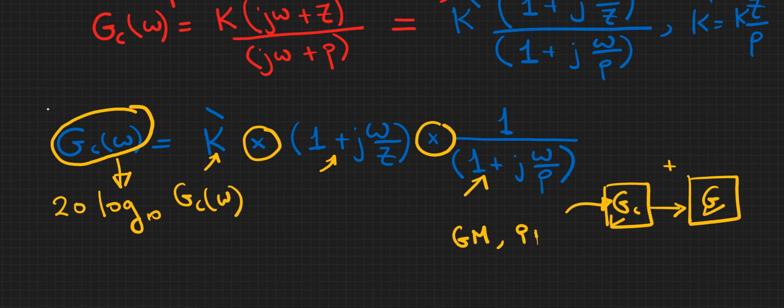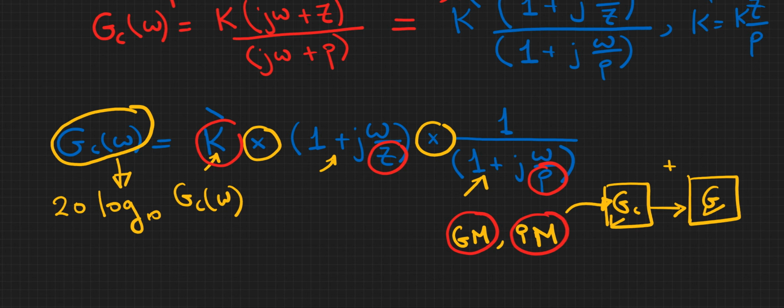Okay, and by controller design we mean that we need to obtain the controller parameters. What are the controller parameters in this case? We have the gain, we have the location of the zero, and the location of the pole. So these are the parameters that we need to tune in order to satisfy certain requirements or specifications. This is very similar to any control design problem.